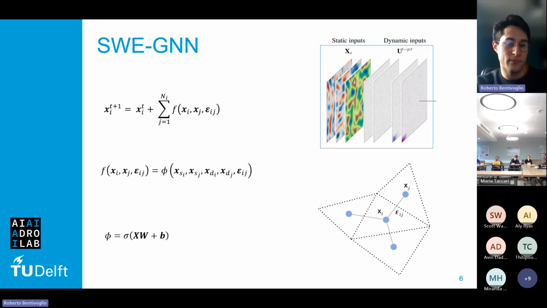We can add some sort of physical bias to our simulation. We can add some properties that we know are intrinsic of our model. In particular, this term here. So what does this term do? First of all, xd is what we called before the dynamic input, so it's a representation of our hydraulic variables. This is going to be 0 if there is no water and non-zero if there is.